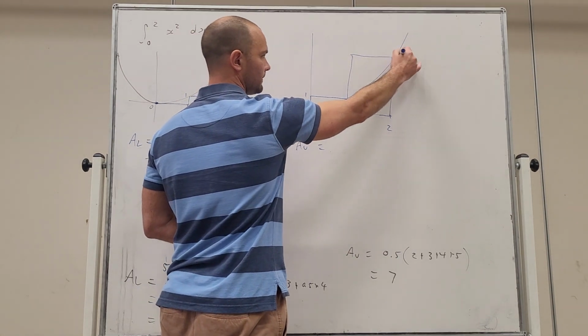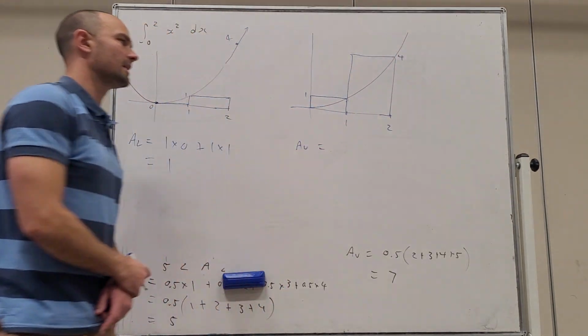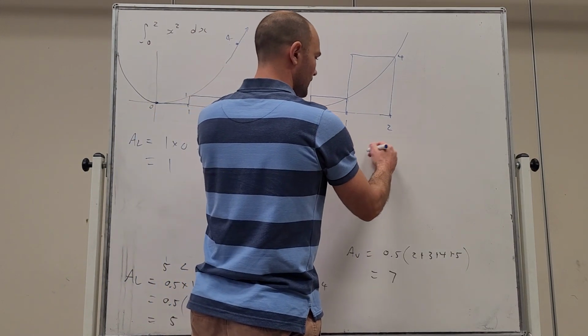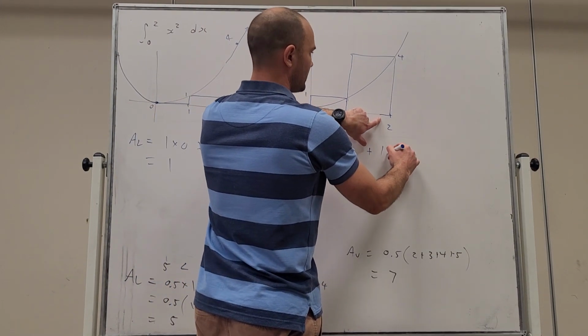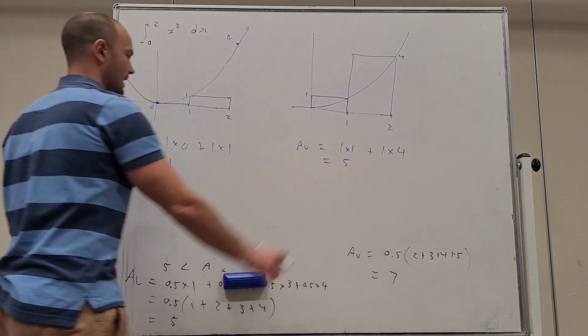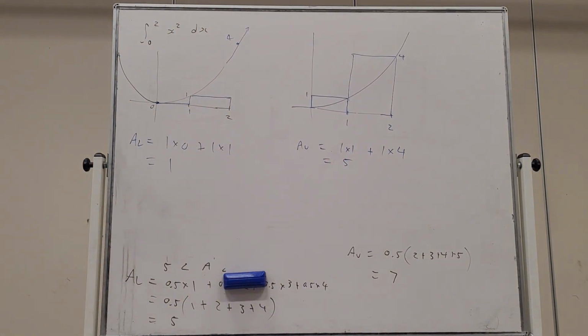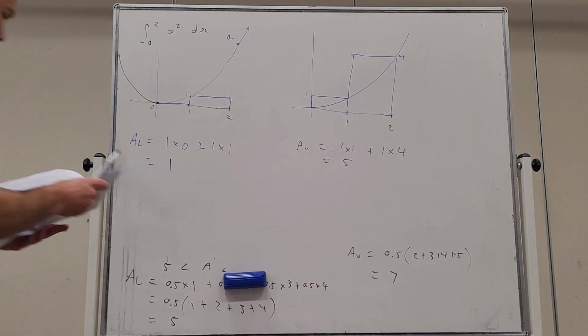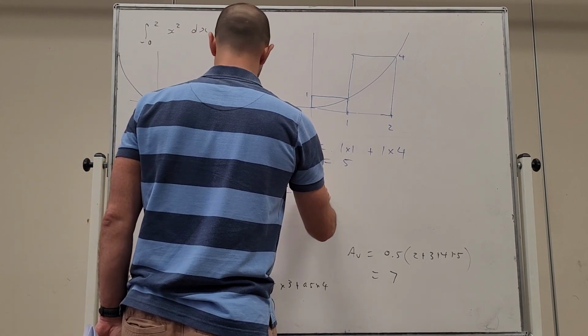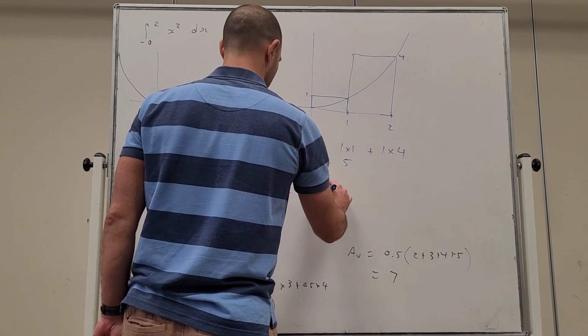This is a y value of 4, 2 squared is 4. So the first rectangle is 1 times 1, and the second rectangle is going to be 1 times a height of 4. So our upper estimate now is 5. State an interval for the area. The area lies somewhere between 1 and 5.